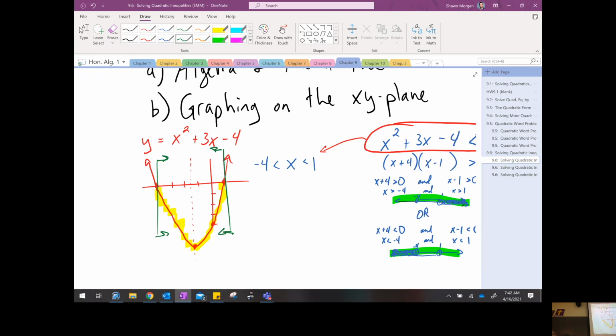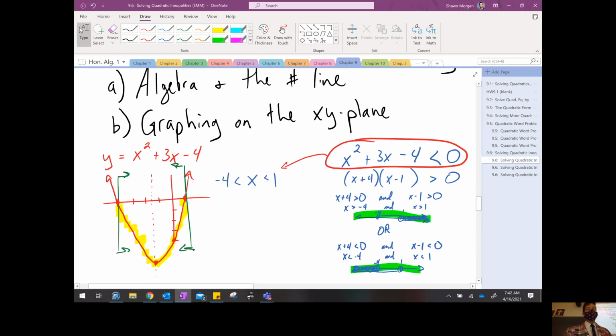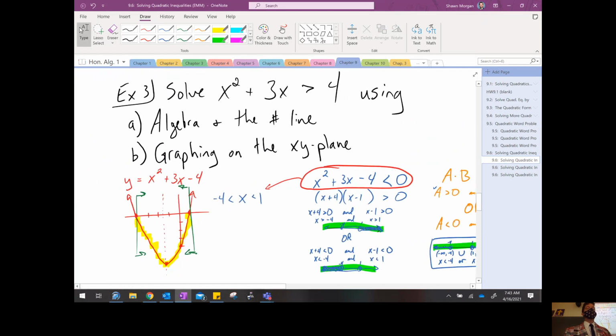Now, I know what you're thinking. I know right now you're probably thinking, gee, this shortcut sure doesn't seem short. Okay, this shortcut seems tougher than what we did initially, over there, in the blue box where we just tested out 3 regions. True that. But what this shortcut, graphing on the XY plane, allows us to do is deal with problems that are more complicated than a simple quadratic inequality.